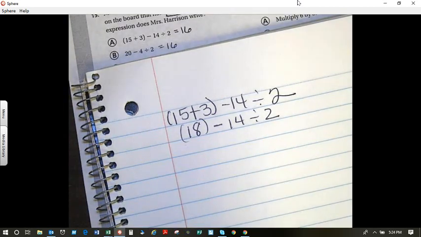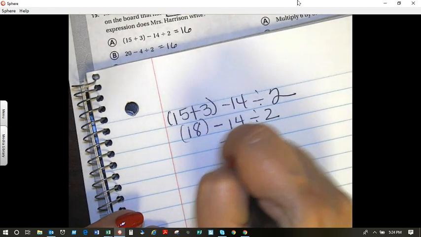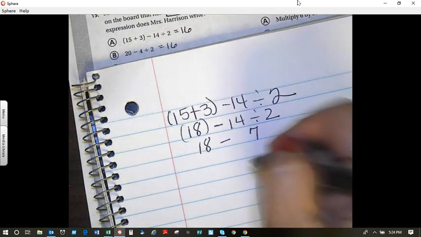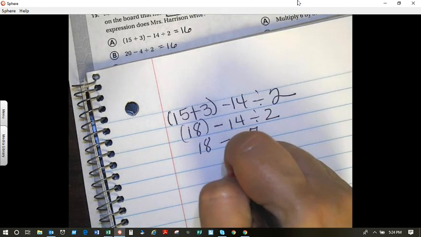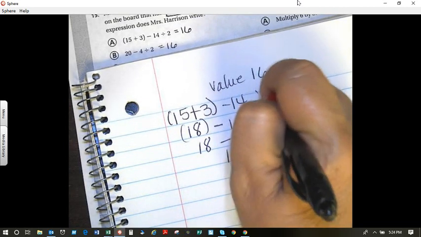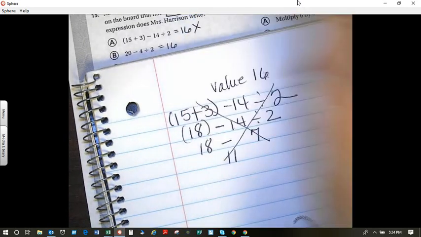We have a division. 14 divided by 2 equals 7. 18 minus 7. And what does that give us? That gives us 11. But is that the value of 16 that we're looking for? No, it's not. So this isn't going to work, and I proved it. So I'm going to put an X there.